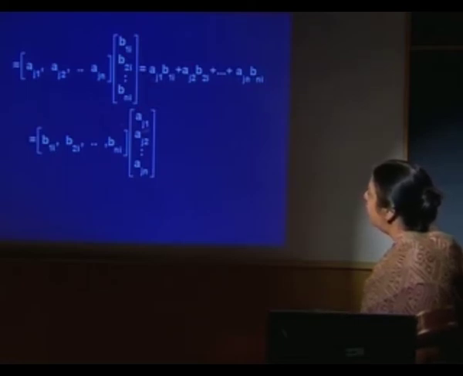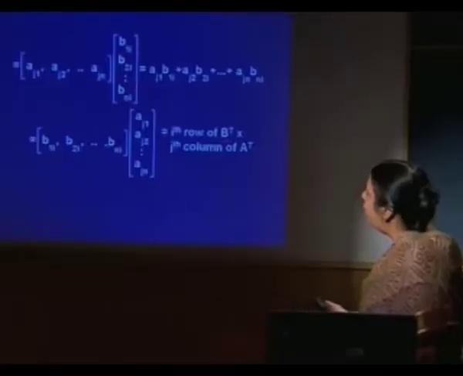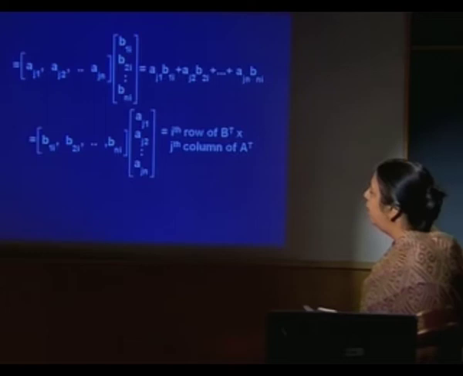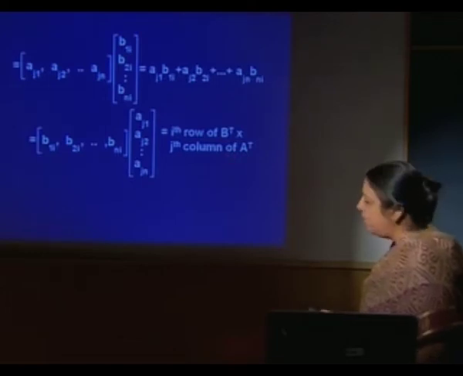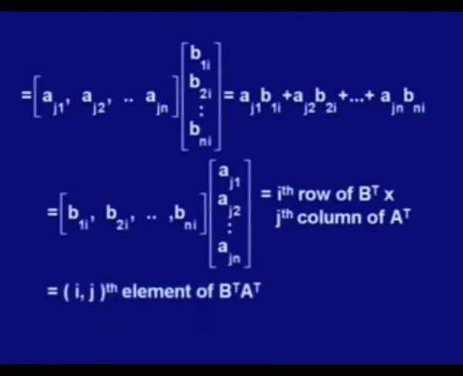So this product is the same as this product. But one can very easily observe that this is nothing but the ith row of B transpose, while this is nothing but the jth column of A transpose. That means this product represents the ijth element of B transpose A transpose, by the definition of matrix multiplication. So we have proved that (AB) transpose is B transpose A transpose.